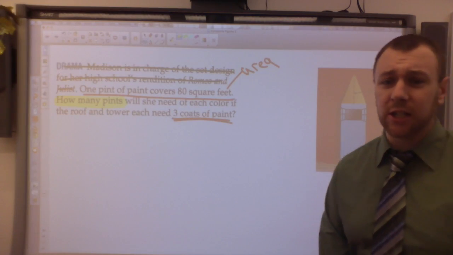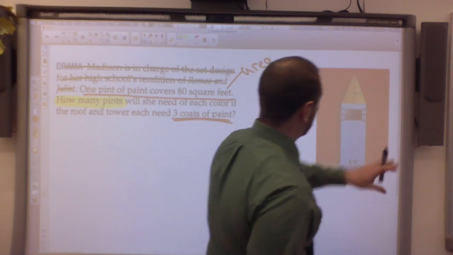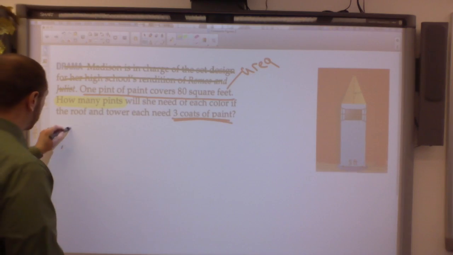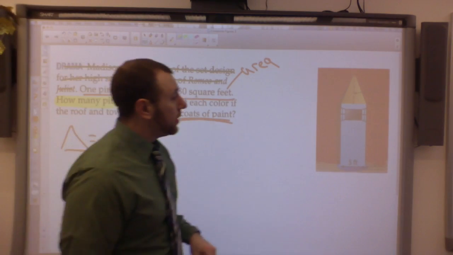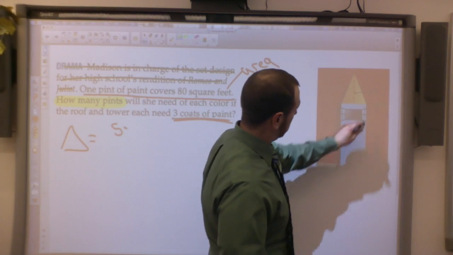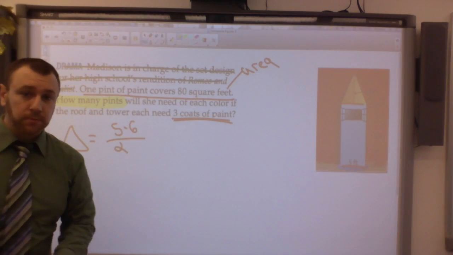So the first thing I need to do is break it down into the figures. So the yellow piece is a triangle. So let's find the area of the triangle. That's going to be base, which is 5, times 6, divided by 2.